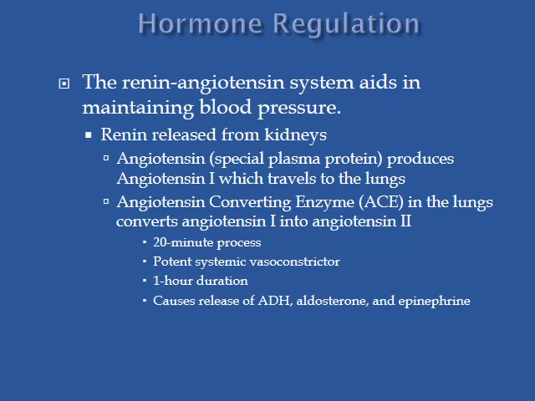Then it converts to angiotensin 1. Angiotensin 1 travels up to the lungs and meets up with the ACE, the angiotensin converting enzyme, and converts angiotensin 1 into angiotensin 2, or junior, because it hooked up with the ACE and made a baby.